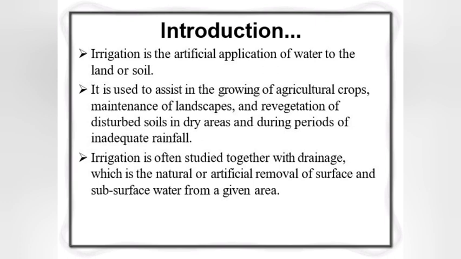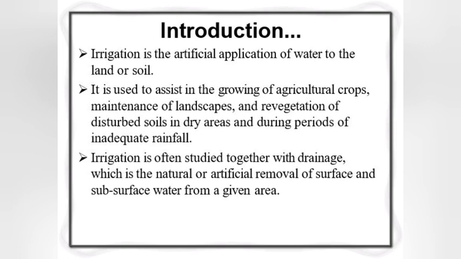In other terms, when the moisture level in the soil decreases, then it is mandatory to use some artificial source of water to boost the soil moisture to the required level to maintain the crop's health. So this process is called irrigation, right?